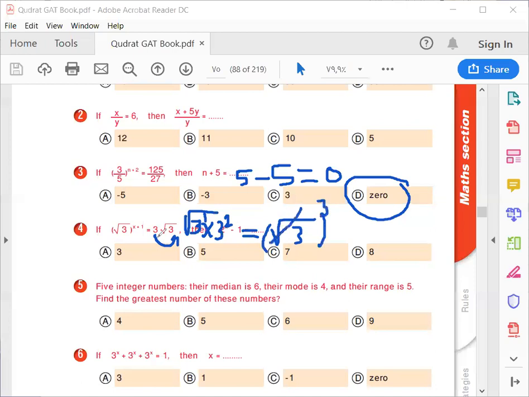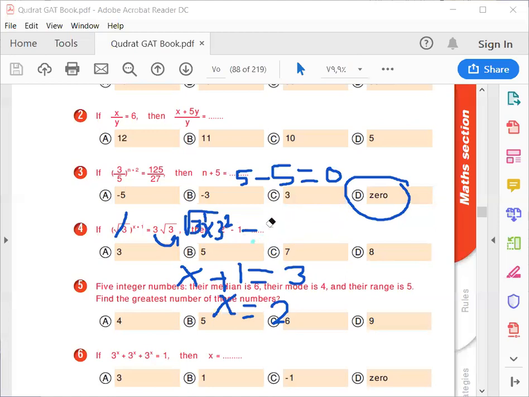You can delete both sides, square root of 3 and square root of 3. Then x plus 1 equals 3, because the bases are the same. Then x equals 2.